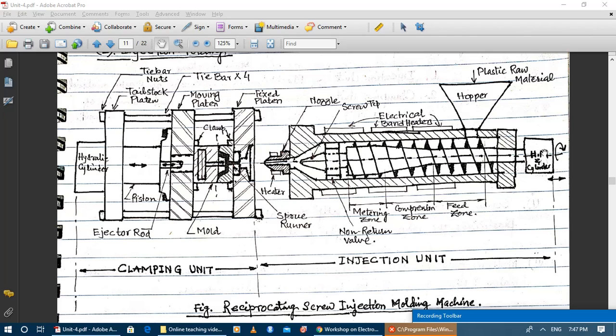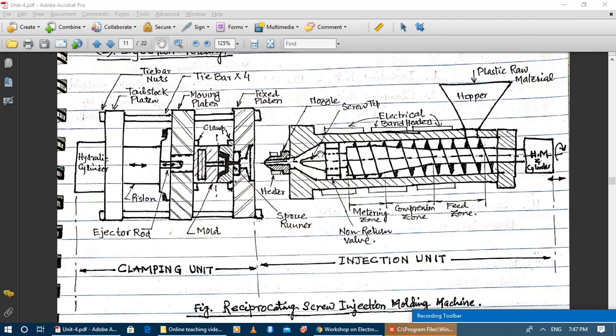There is an arrangement with the help of a hydraulic cylinder, and this screw moves back while rotating. So the material is being plasticized, coming and accumulating in front of the screw tip, while at the same time the screw is rotating as well as moving backward under the pressure of the melt in front of the screw tip, and this pressure is known as the back pressure.